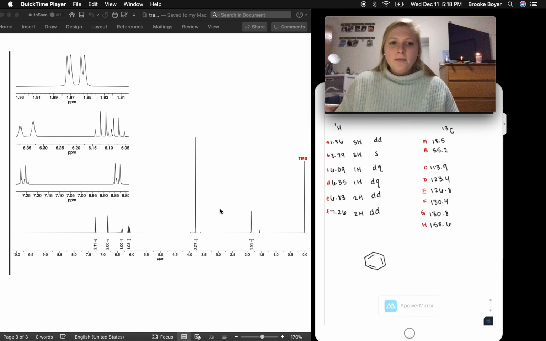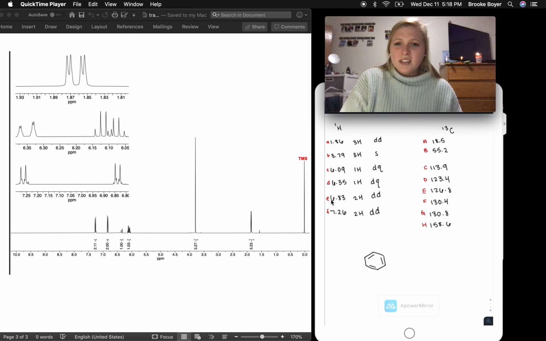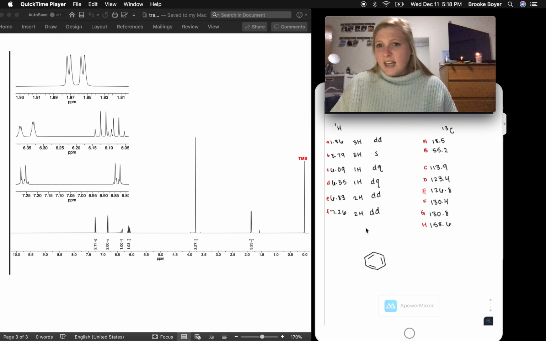From the hydrogens E and F, since they're symmetrical, 2 and 2, I'm thinking the benzene ring is going to be para substituted. We also know we have an ether from the IR, so this is that fragment. And we also know we have some type of alkene somewhere.